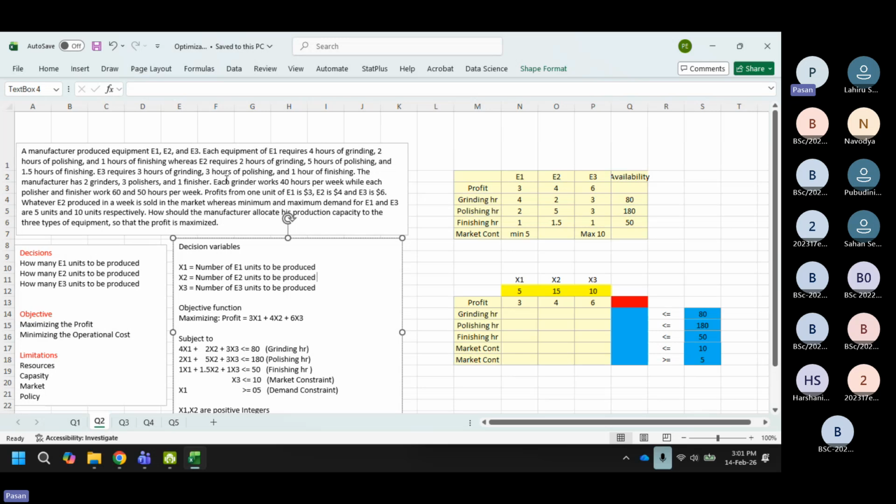So those are the maximums that we have, the maximum of each one, right? So 40, 60, and 50. And then the profits are given there. E1 is $3 and E2 is 4 and then E3 is 6.